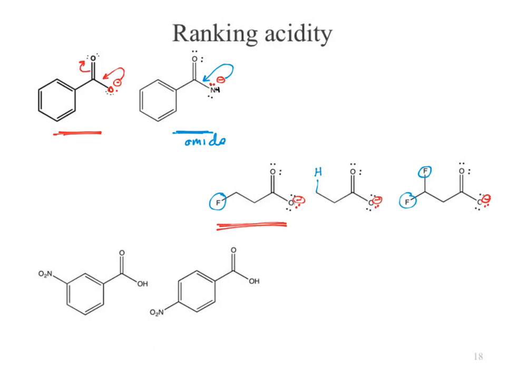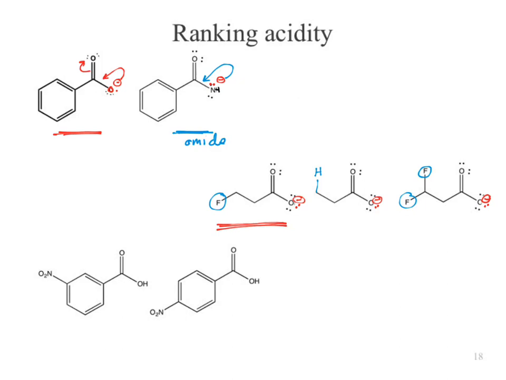It's becoming more positive, so it pulls this negative charge into the structure. If it pulls the negative charge into the structure, what did we do to the negative? Stabilized it. The more stable this species becomes, the more acidic the original structure was, because we're looking at the conjugate bases. Can that happen on the very right side?